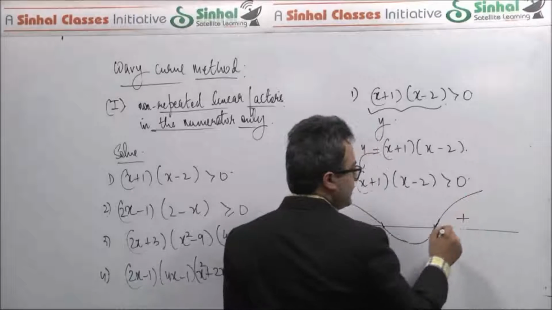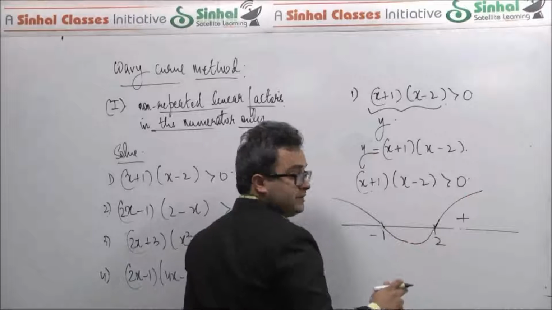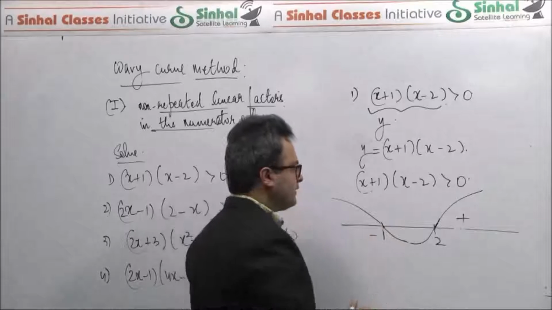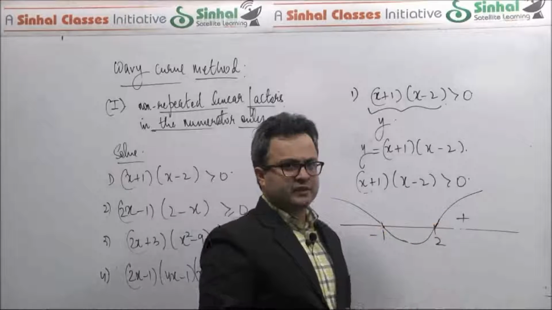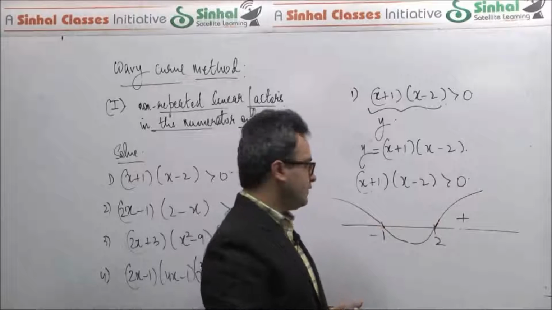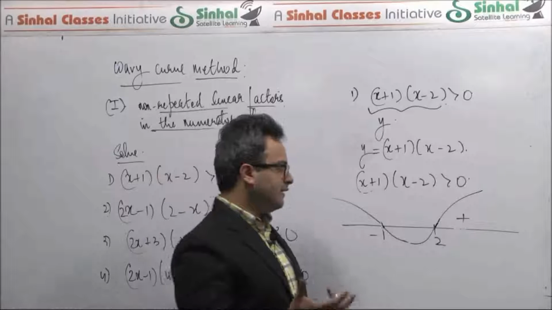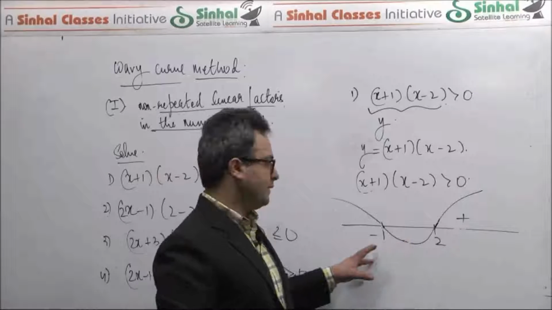So we'll put a positive sign over here. Similarly, over here between -1 and 2, the wave goes below. I shouldn't use the term graph. In this case, it is similar to the actual graph, but in cases where we'll be adding linear factors to the denominator, we should not really use the term graph for the time being.